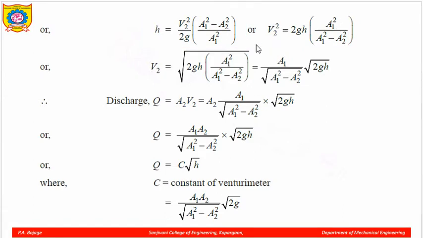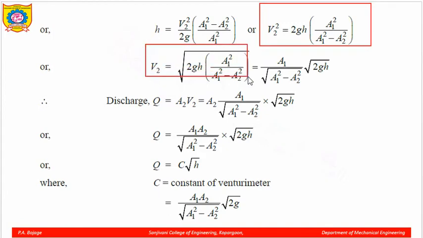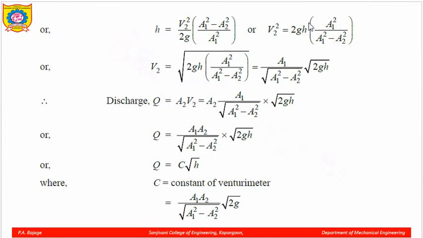Taking the root of this equation, V2 is equal to under root twice GH into bracket A1 square upon A1 square minus A2 square. The modified form is A1 upon under root A1 square minus A2 square into under root twice GH.